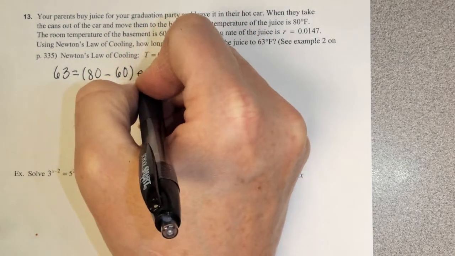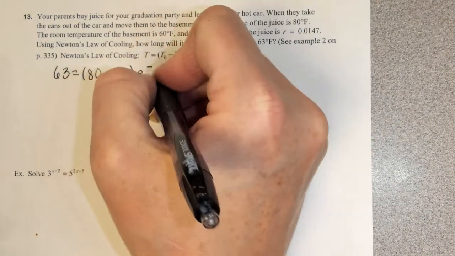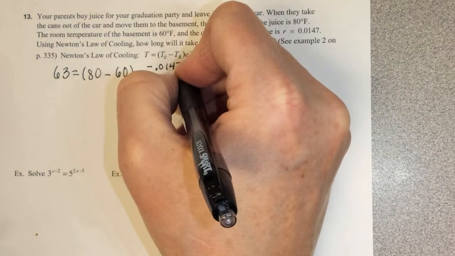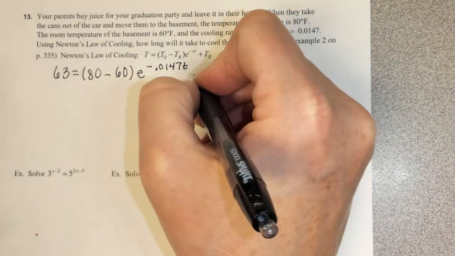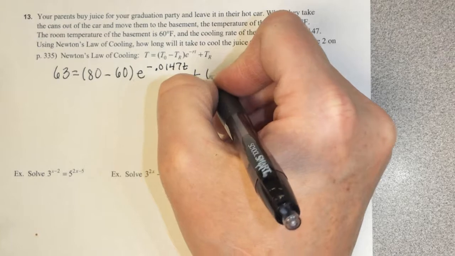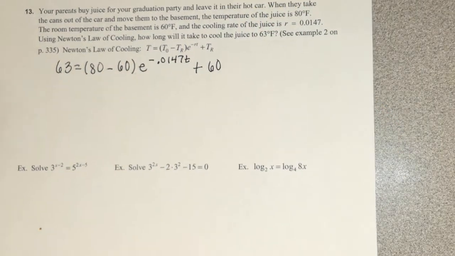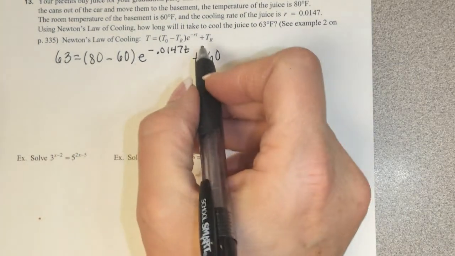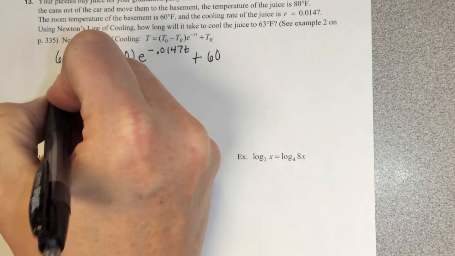And then e to the negative 0.0147t, and then plus, and then what am I going to put? 60 again. All right, so what do we do to solve? Karen? Subtract 60. Yep, so I get 3.